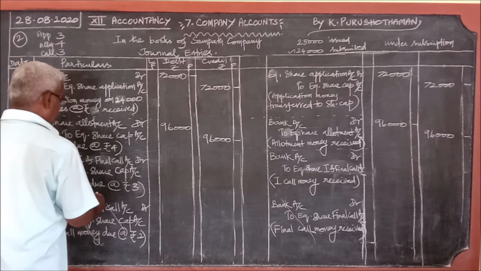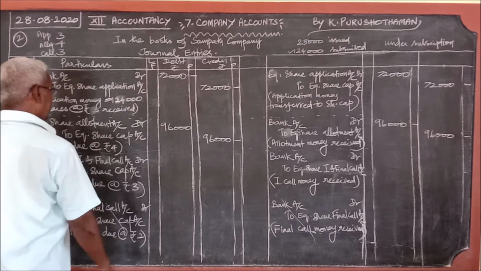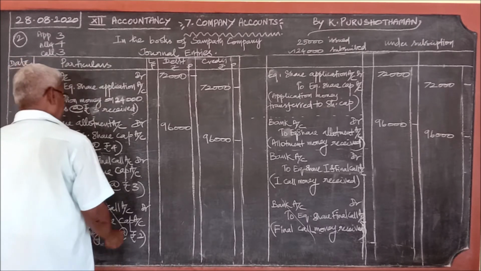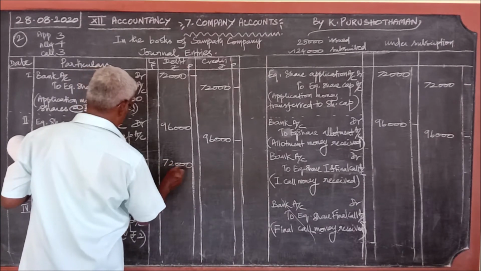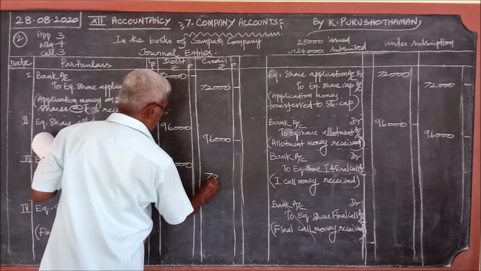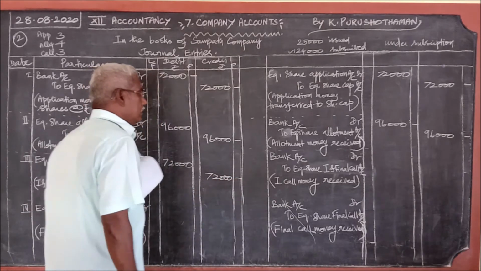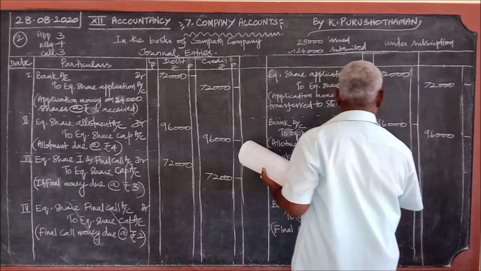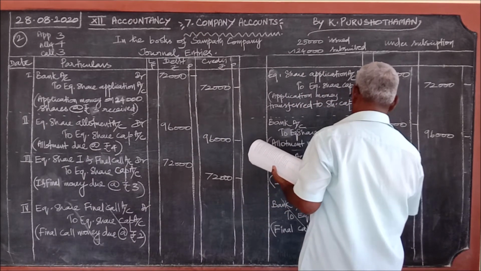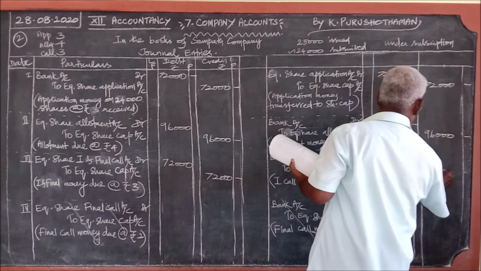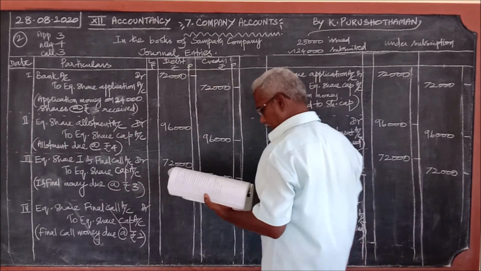So both the calls are combined together. Therefore, we can write here 3 into 24,000, that is 72,000. The same thing here also, 72,000.